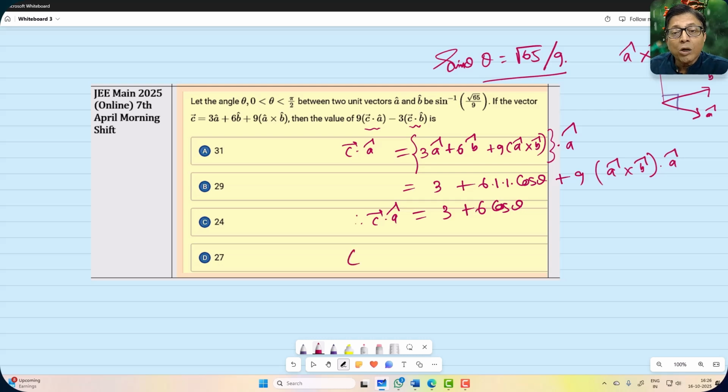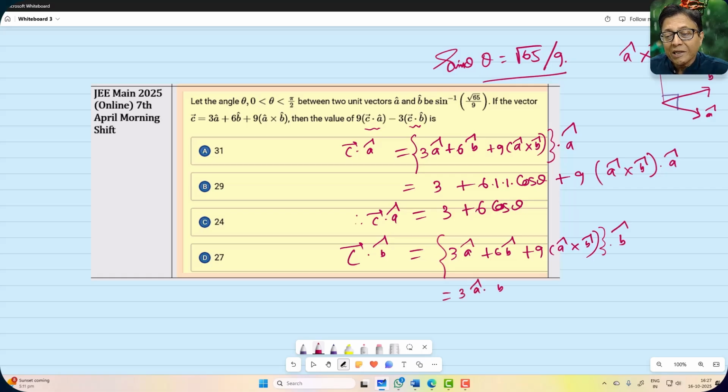What about C dot B cap? C dot B cap is going to be 3A cap, 6B cap, 9 A cap cross B cap, and take dot product with B cap. So A cap dot B cap plus 9 A cap cross B cap, then with B cap.